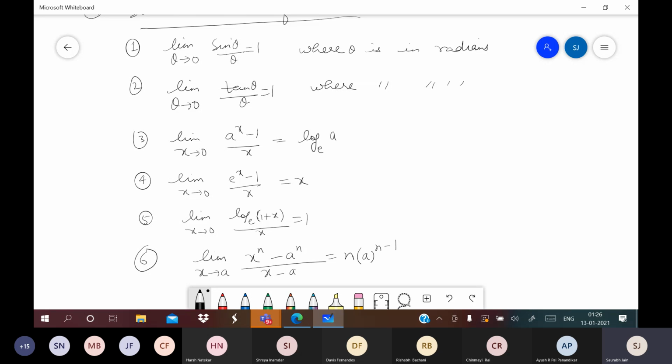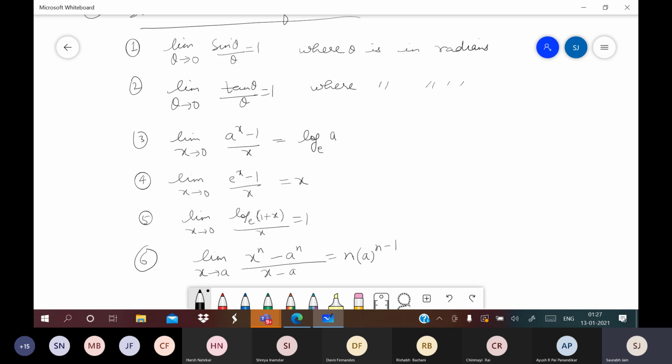As you can see on the screen, these 6 formulae and the properties of limits, based on these two, very good questions are there on limits. First, let us understand these formulae. Do not simply learn the formula, try to understand the generalized result of these formulae.